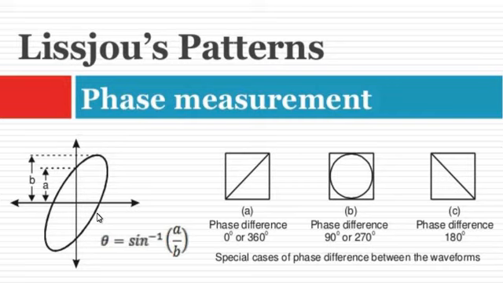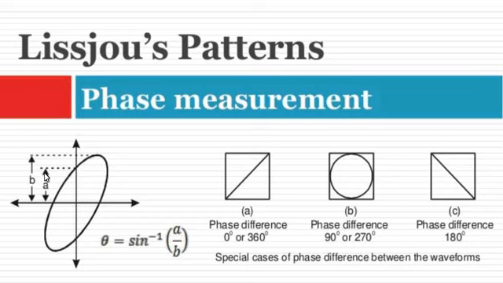See, this is ellipse. If the sine waves have phase difference between 0 and 90 degree, then the ellipse is formed. So, the phase difference can be calculated with the help of formula theta is equal to sine inverse A upon B. It is necessary to find out the value of A and B with the help of screen.